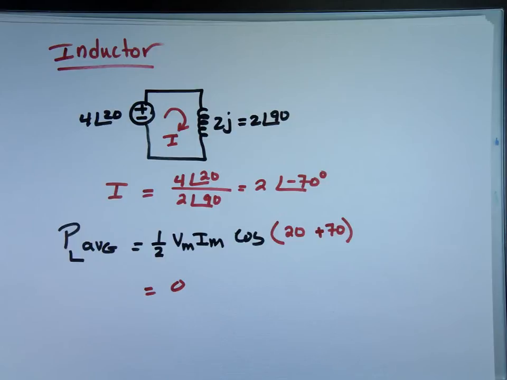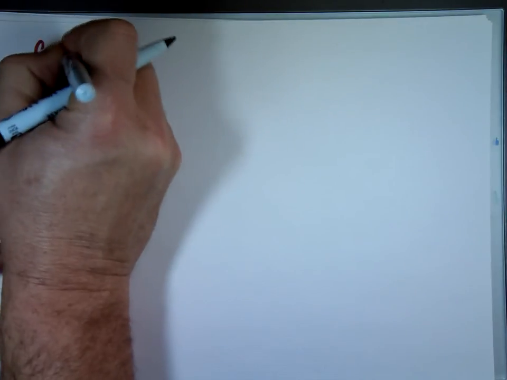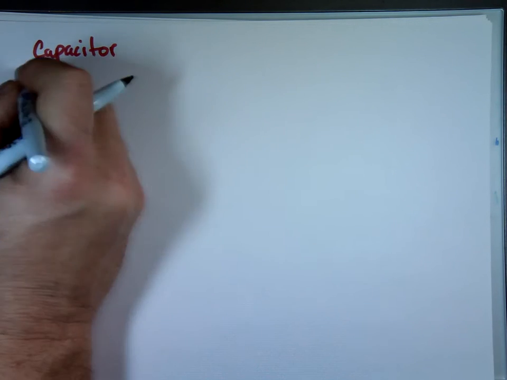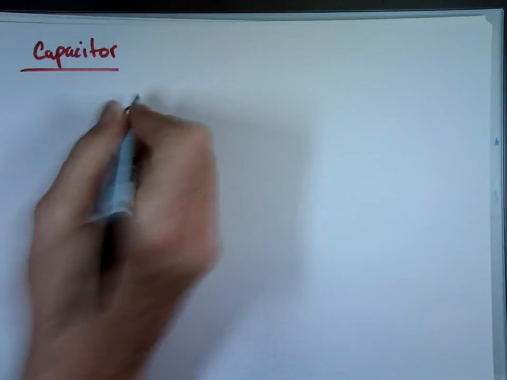Now let's take a capacitor, since we're on a roll here. Capacitor. Same numbers. I won't even change them. 4 angle 20.